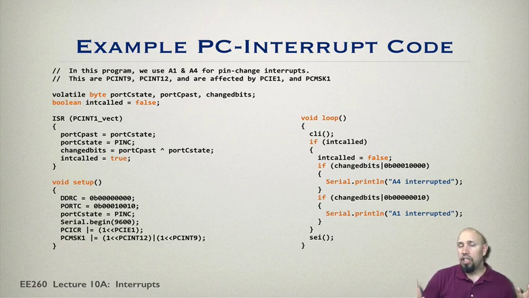If you can use int0 and int1, that's probably the easiest way to go. But it's not always possible. In other words, your shield might require the use of those particular pins for some reason, and so you don't have access to them. So what the Arduino allows you to do is access any pin as a pin change interrupt. So we have a lot of capabilities.